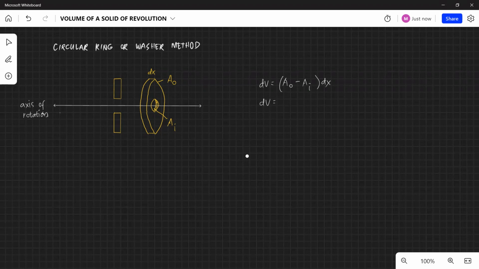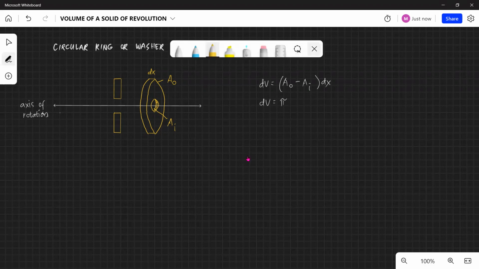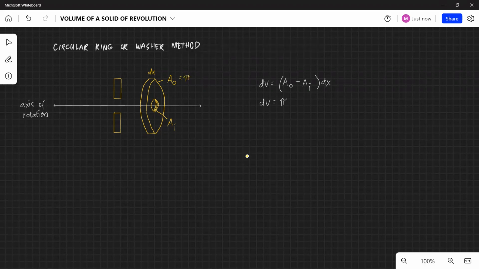So the area of the outer circle is pi r squared, where r is the radius of the outer circle. Let me write the formula here if we are using the variable r. So pi r sub o squared. And for the inner circle area, it's pi r sub i squared.